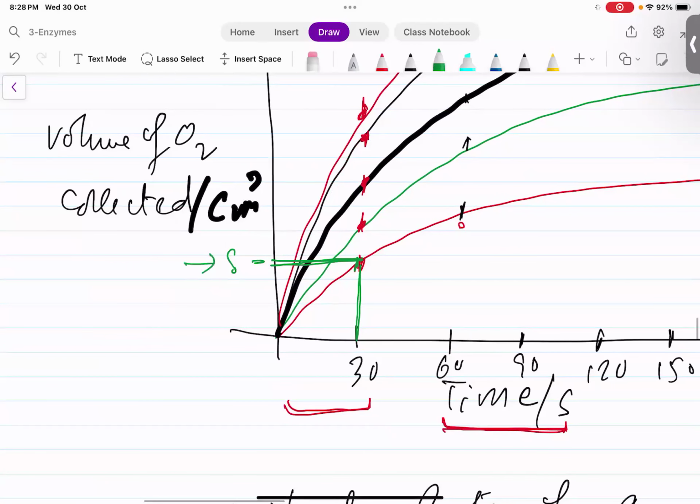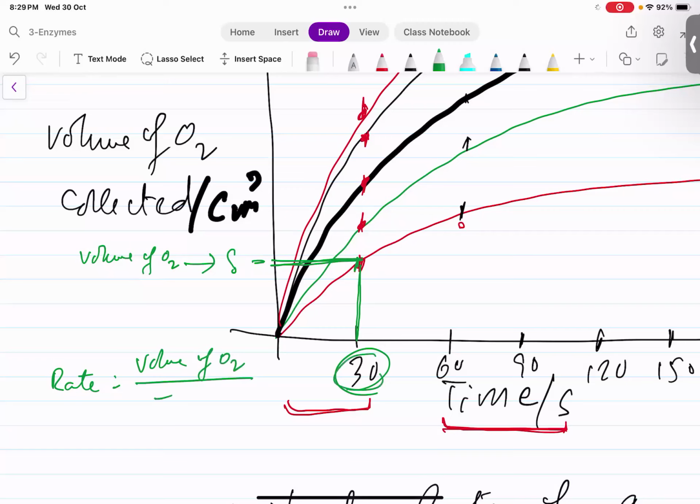This is the volume of O2 collected here, and dividing this by this 30 seconds time would give us the rate. So rate will be equal to volume of O2 divided by the time where this measurement has been made. So that will give us the rate.